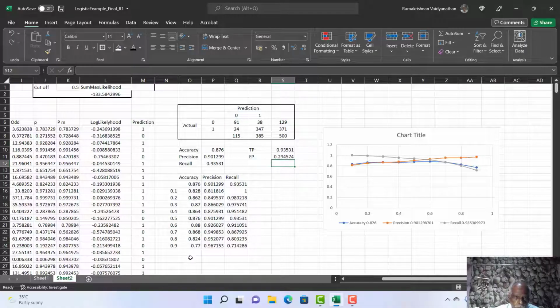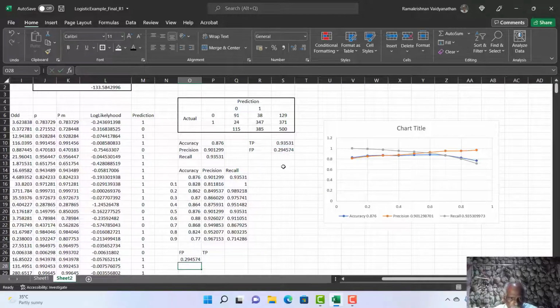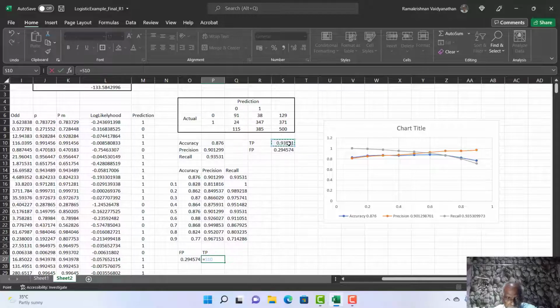We will make a plot of true positive and false positive also, right? So what we will do is FP, TP, right? So equal to this 0.29, I'll make it as F4. And true positive is equal to 0.9351. I'll make it as F4.